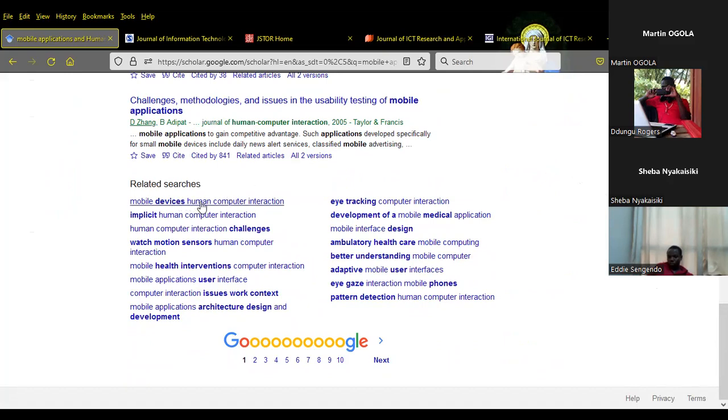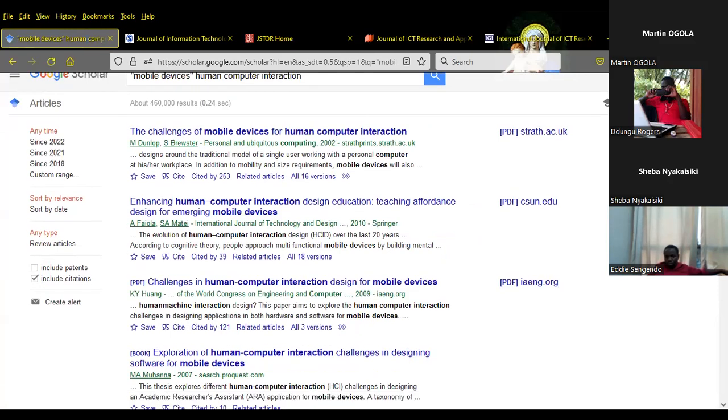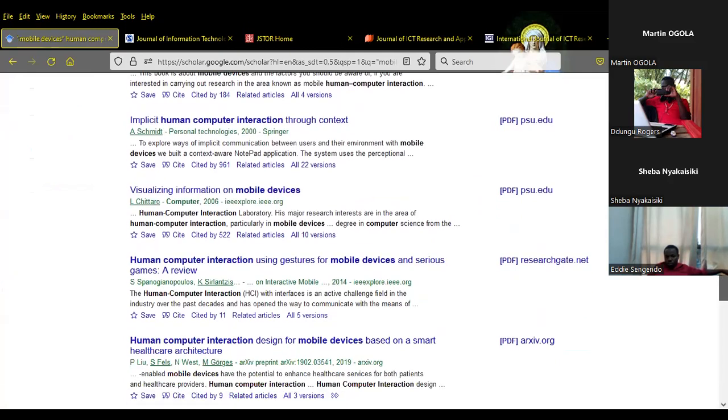There are also suggestions. For example, this one is on mobile devices and human-computer interaction, mobile health interventions, computer interactions, and so on and so forth. So you can re-edit, rather narrow down your research depending on what you want.